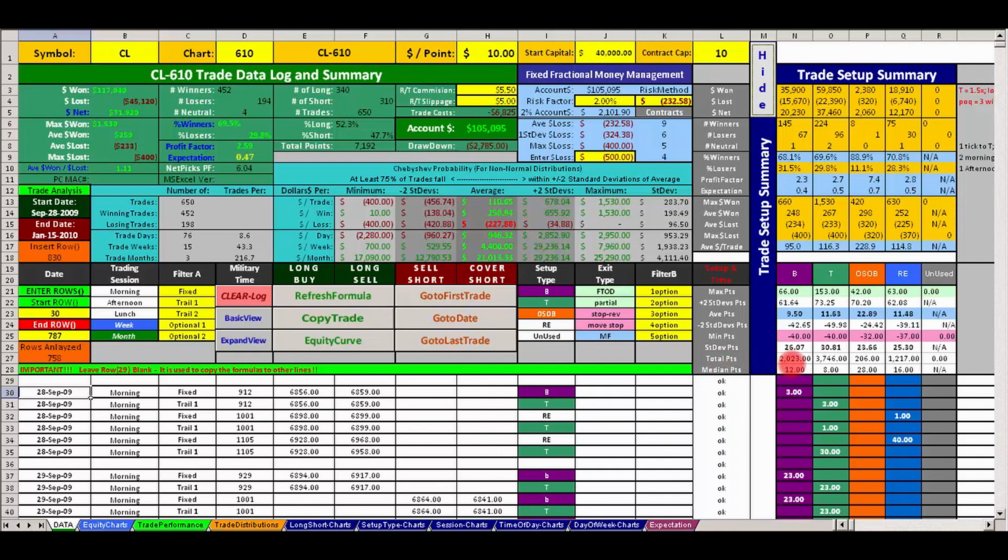Now, we see that the standard deviation in this line right here was 26 points. Once again, let's review very quickly. Take the standard deviation, which was 26 points, add it to the average, and you get the positive standard deviation. Subtract it from the average, you get the negative standard deviation. If you take 2 times the standard deviation and add that to the average, you get the 2 standard deviation, which is up here.